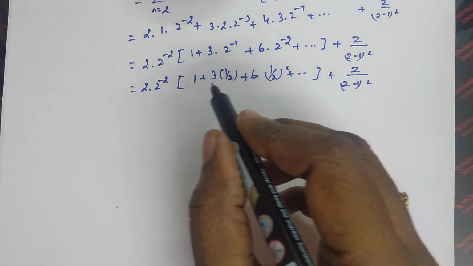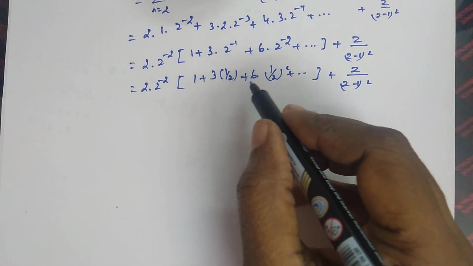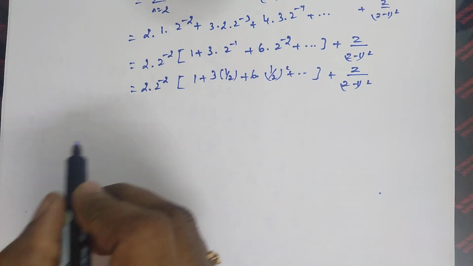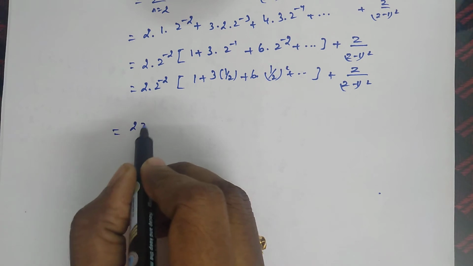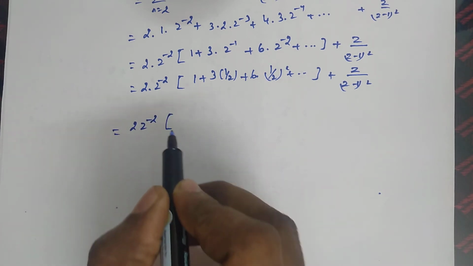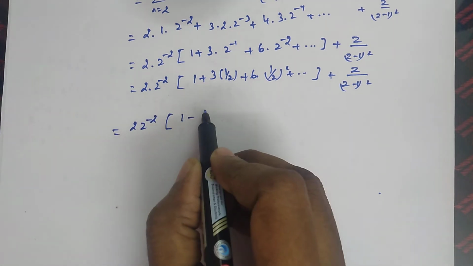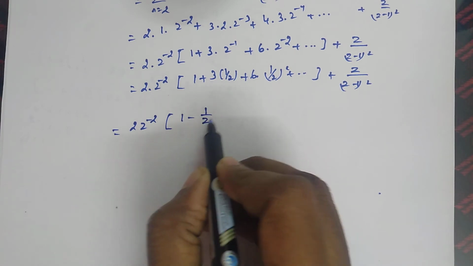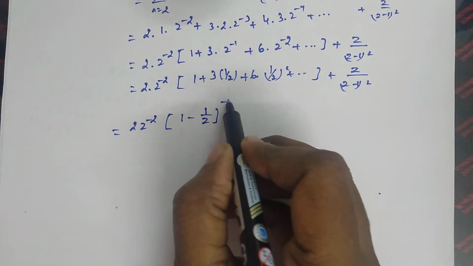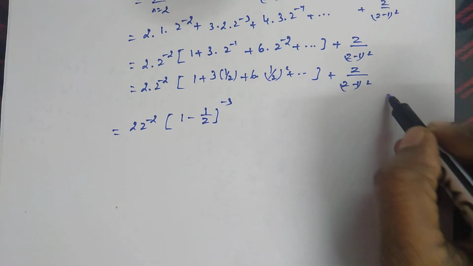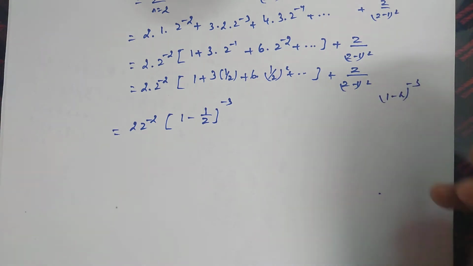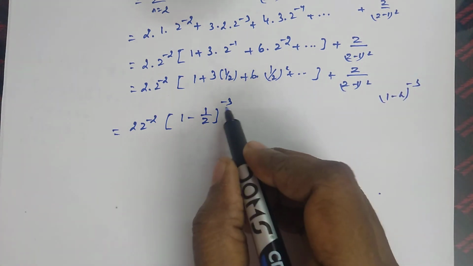This is of the form 1 plus 3x plus 6x square plus etc. So the result is 2 into z power minus 2, 1 minus x whole power minus 3. So that result we have applied here.